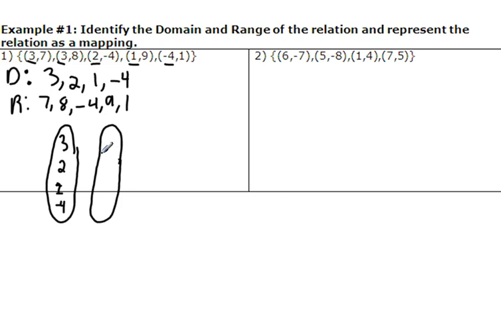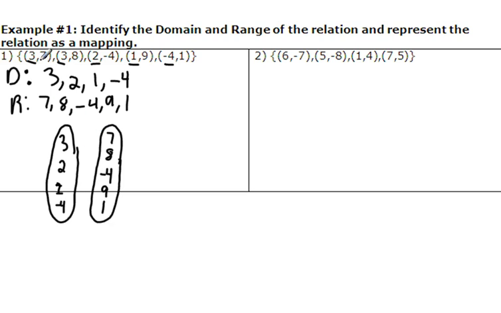Then in the second oval, we write the range. So 7, 8, -4, 9, and 1. From there, what you do is you draw an arrow from the x value to its corresponding y value. We call the x value the input, the y value the output.